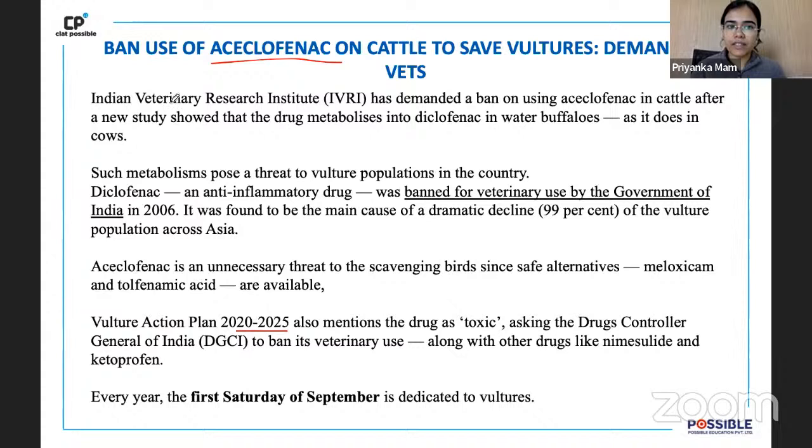Now, the Indian Veterinary Research Institute has demanded the ban on acylflinac, which is an anti-inflammatory drug. क्यों इन्होंने ये बैन करने की बात की है? क्योंकि they say कि ये टॉक्सिक हो जाता है vultures के लिए.